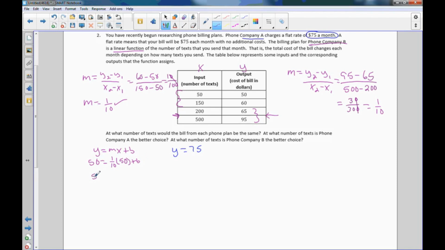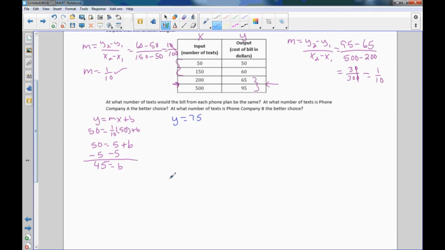Then I get 50 equals 1/10 of 50, which is 5, plus b. Now if I subtract 5 from both sides, I get 45 equals b. So if 45 equals b, that's the flat rate of my plan. So company B is charging $45 a month plus 10 cents a text.